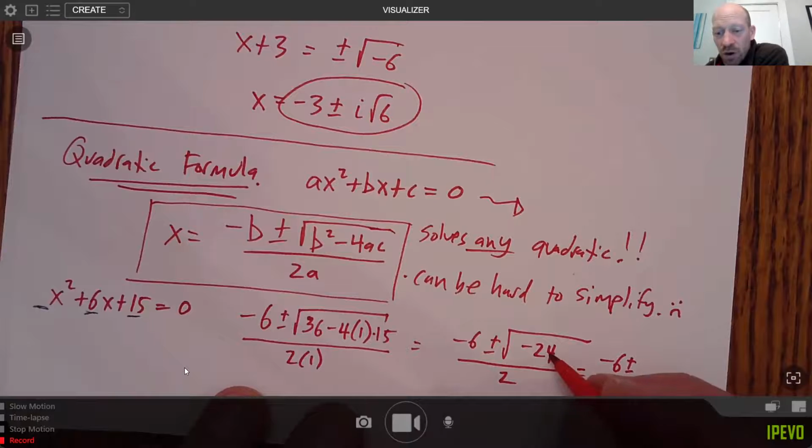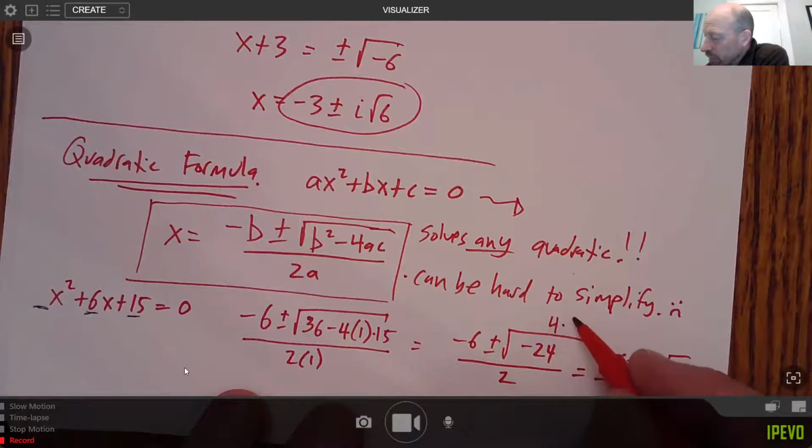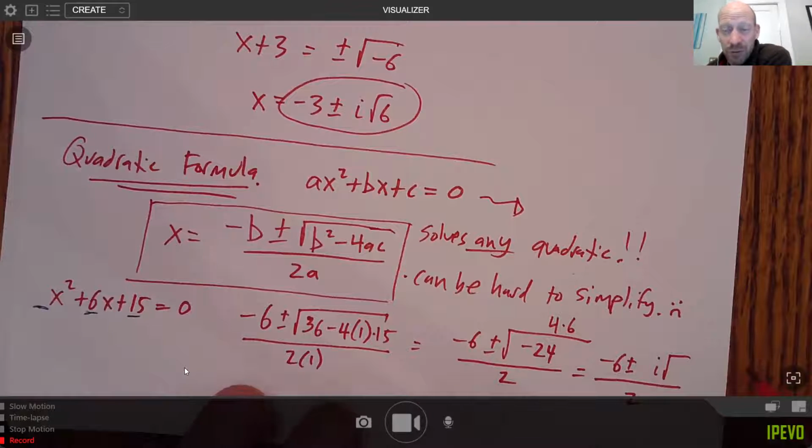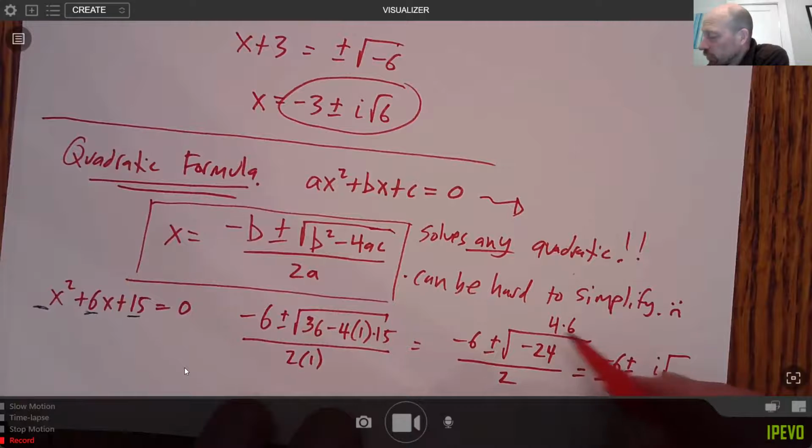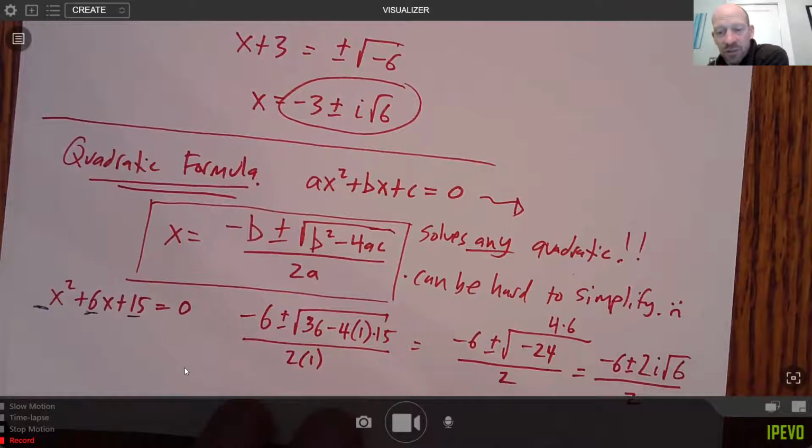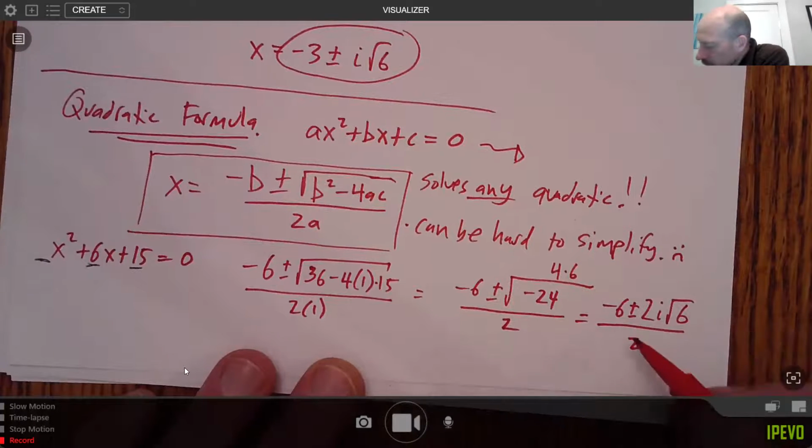So the square root of minus 24 is going to give me an i. And the 24, remember, is 4 times 6. This is why we need to do that radical section before we could do the quadratics. So square root of 4 is 2. And the square root of 6 just stays in as the square root of 6. And so the last step here is to divide the 2 into both of these terms above.